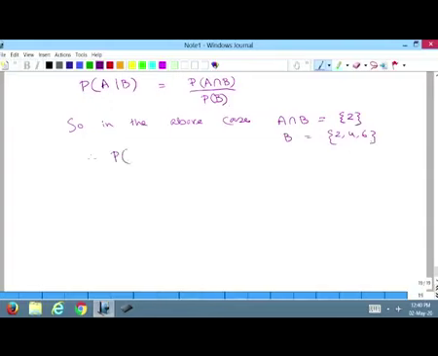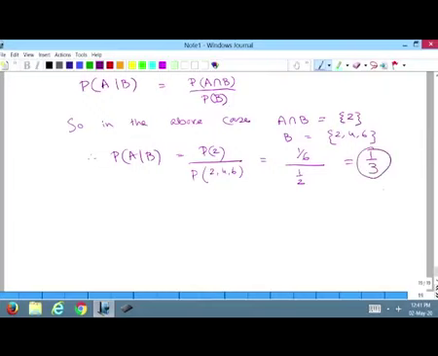Therefore, probability of A given B is equal to probability of 2 divided by probability of 2 or 4 or 6, is equal to 1 by 6 divided by half, is equal to 1 by 3, which we have obtained. So, this is the basic knowledge of conditional probability.